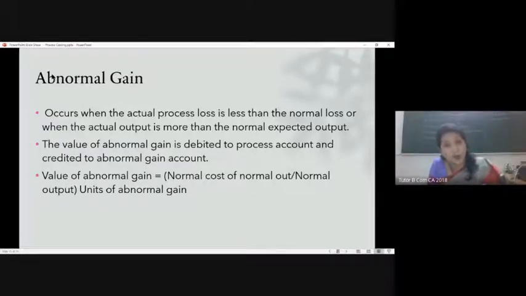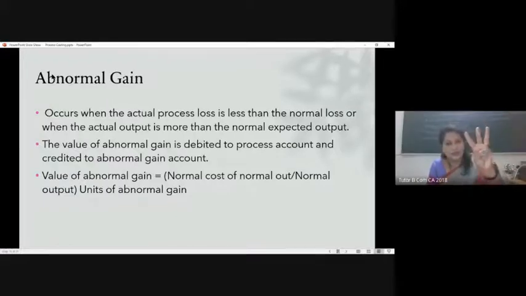Normal cost of normal output is the actual cost incurred, and if we had some scrap value, we will deduct that from the cost to arrive at the normal cost, which is divided by normal output, and the whole is multiplied by the units of abnormal gain. Say if I had 10 units of abnormal gain, I will multiply that with 10. So that is the formula.